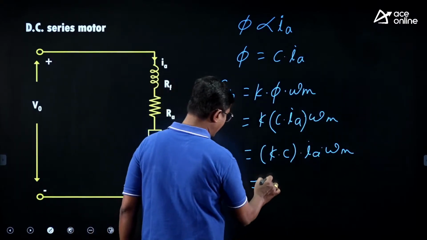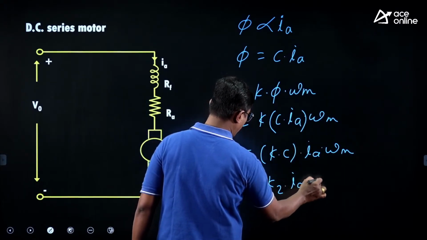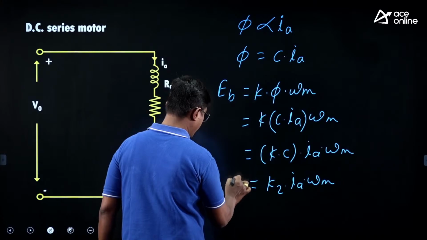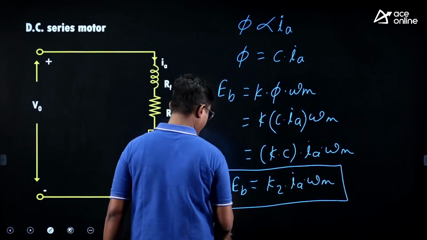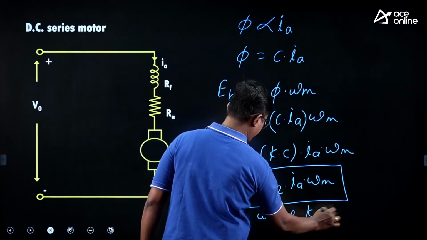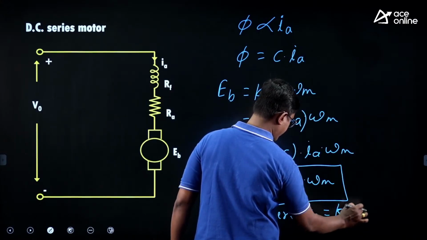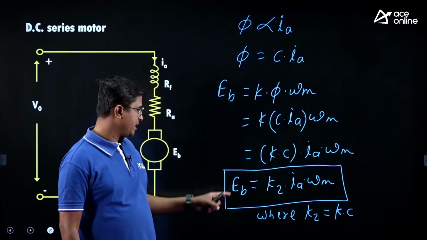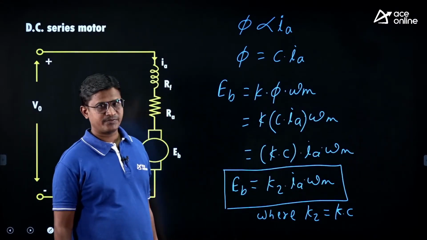So let me write it as K2 into Ia into omega m. So EB equal to K2 into Ia into omega m, where K2 equal to K into C. This is the back EMF expression.